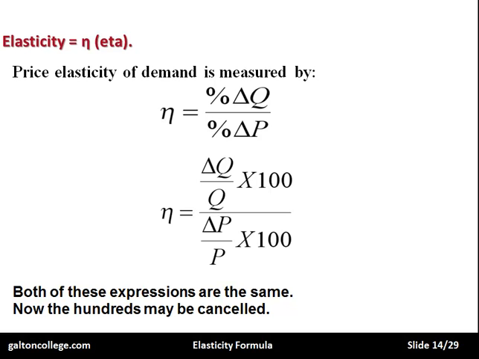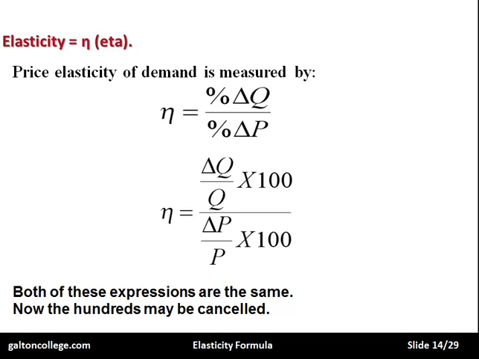If you look at the numerator up here, percentage change in quantity, there you have it. It's the change in quantity divided by the quantity multiplied by 100, which gives us the percentage. Very straightforward. And for the percentage change in price, we've got it here.